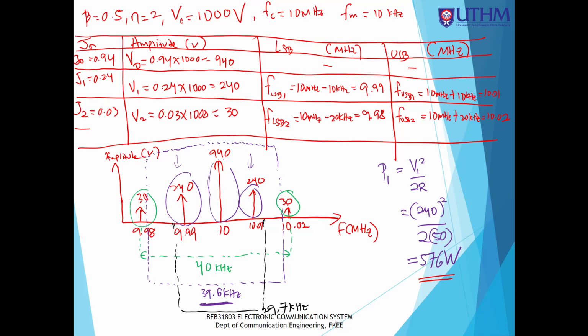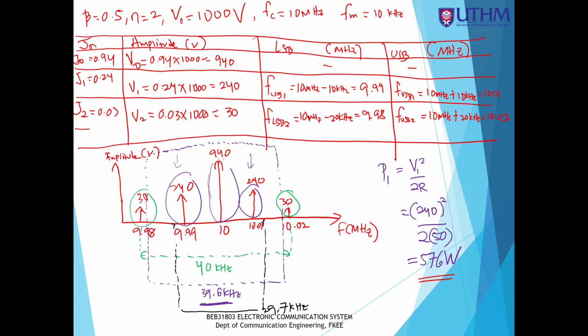So you might wonder why this question asks you about 99%. The reason is that I want to show you the filtering process, because after the modulator there is a filtering process where the filter will select only the desired bandwidth.